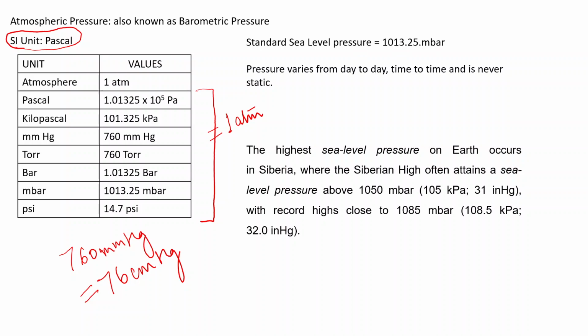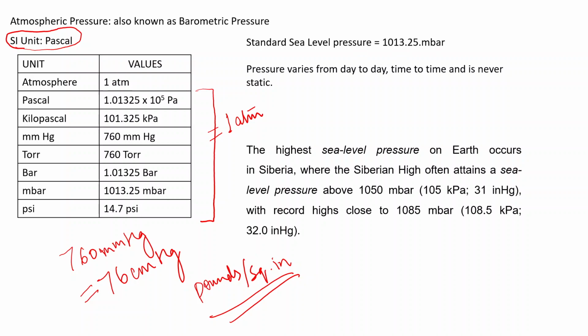So psi is pounds per square inch. It is an FPS unit. So the SI unit is Pascal, and the unit which is commonly written in everyday language is atmosphere.